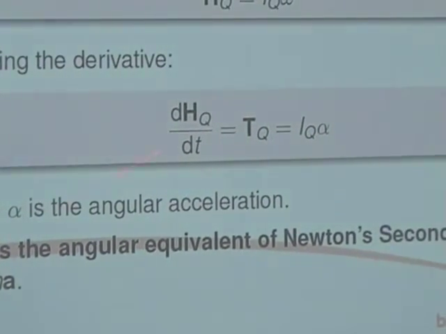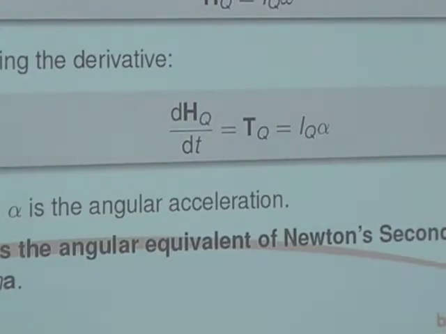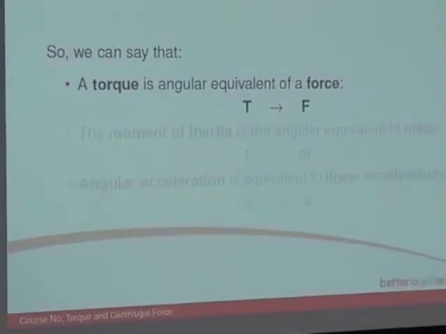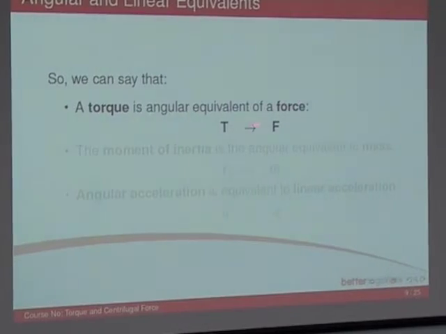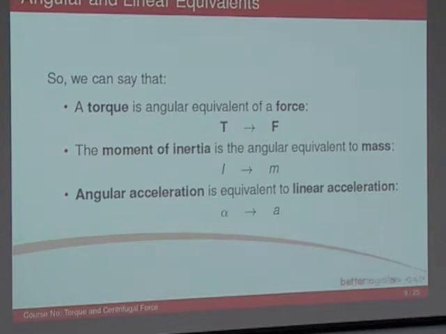So we can see that force and torque are equivalent, the mass and the moment of inertia are equivalent, and A and alpha are equivalent. A torque is the angular equivalent of a force, the moment of inertia is the angular equivalent of a mass, and the angular acceleration is the angular equivalent of linear acceleration.